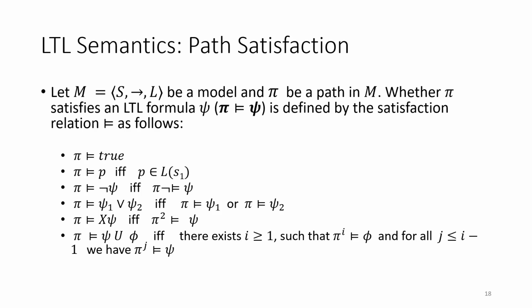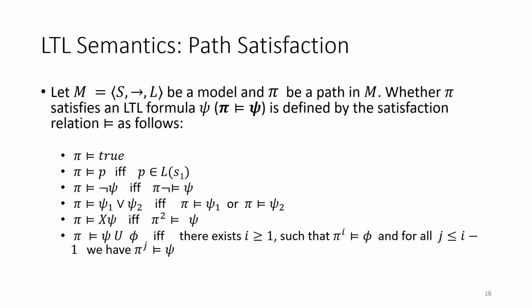And then until, that's the most complicated. This is asking whether some formula holds until another formula holds. So does psi hold up until phi holds? There must exist some state where the formula on the right side, the phi, actually does hold. So the until says this thing must happen. The one on the right side must eventually be satisfied.